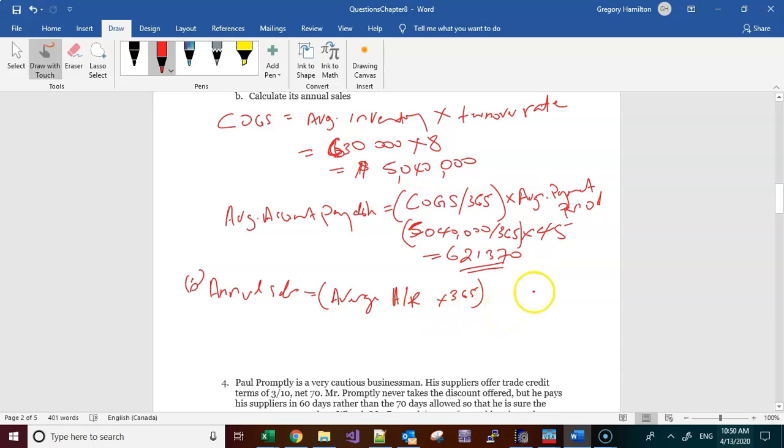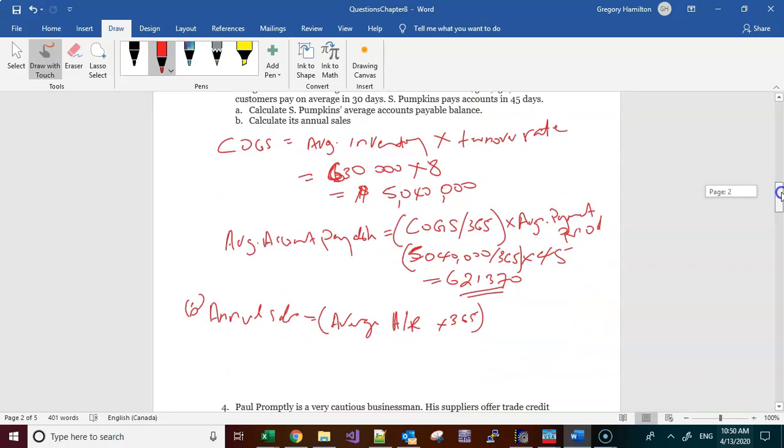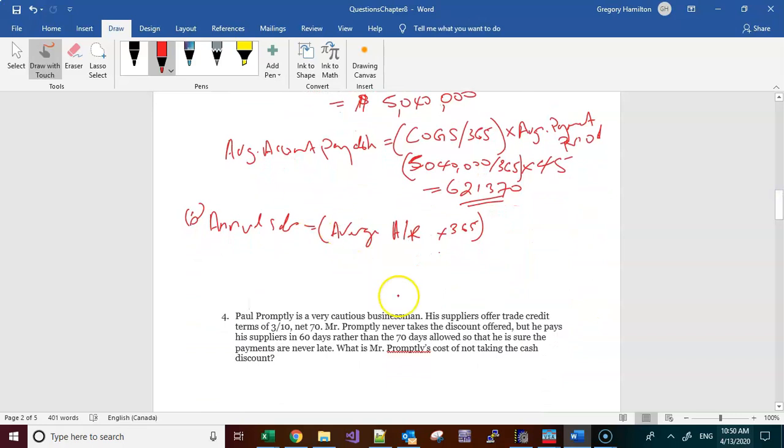520,250, right? And then we will divide this by the 30 days.